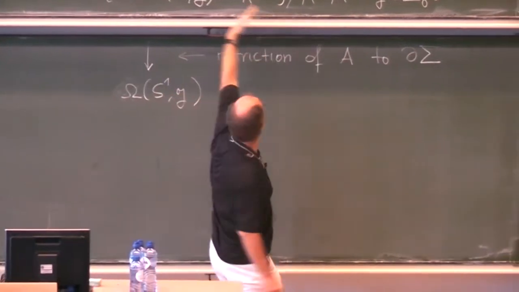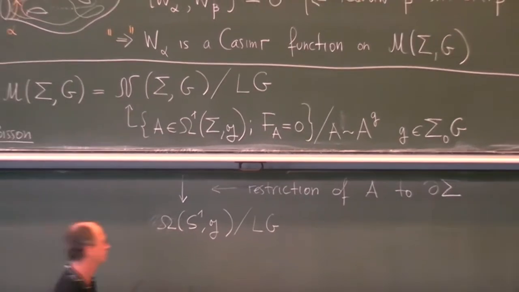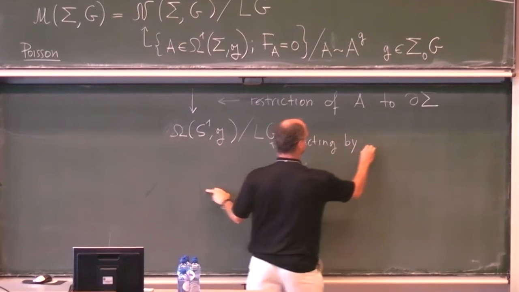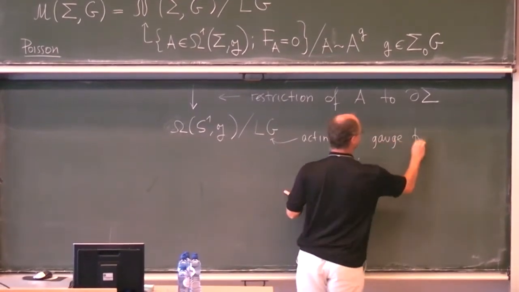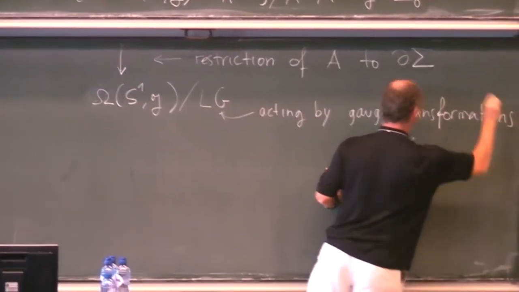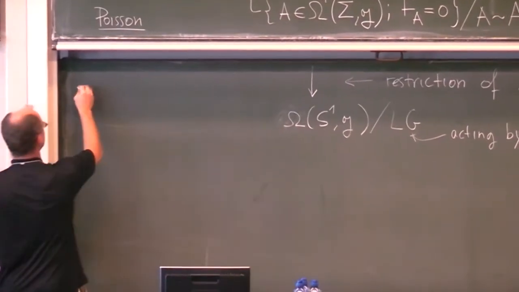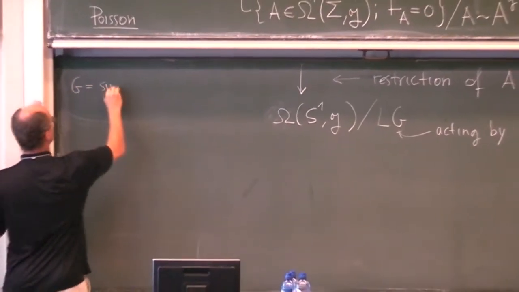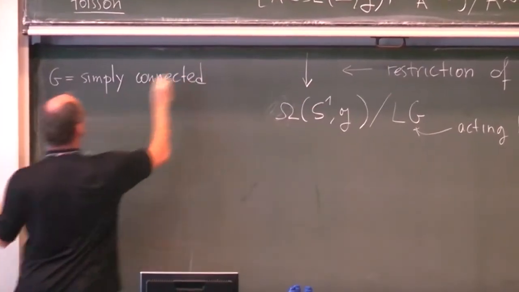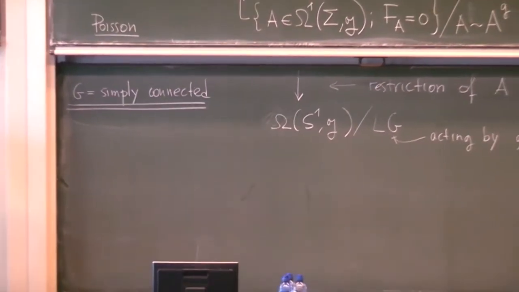And here, well, there would be still LG acting by gauge transformations. So for simplicity we assume that G is simply connected in these discussions. Then later on I'll make some comments about the more general case.